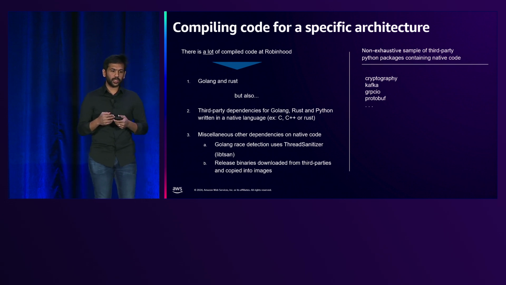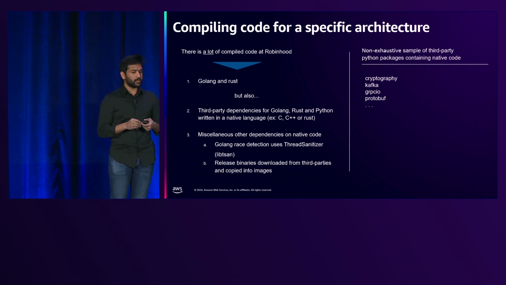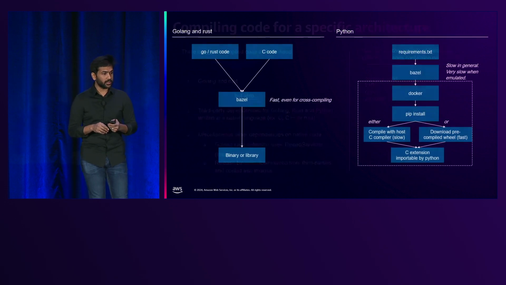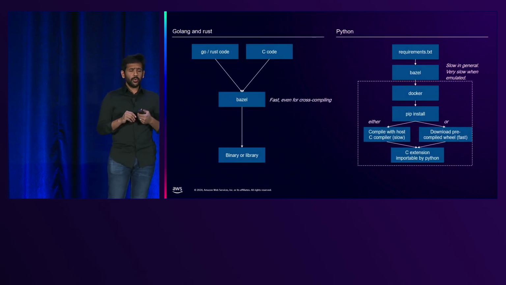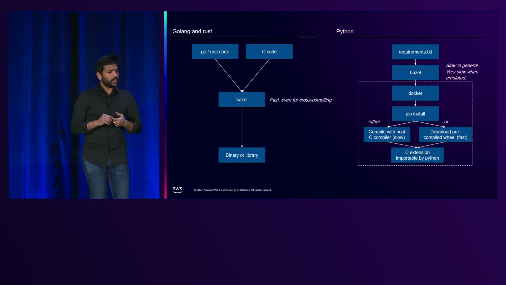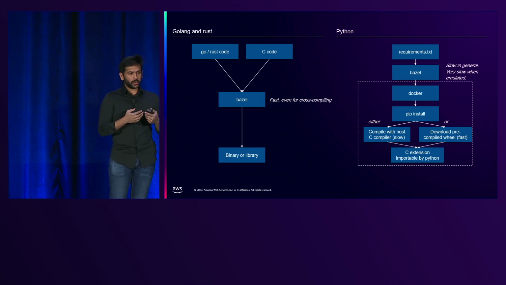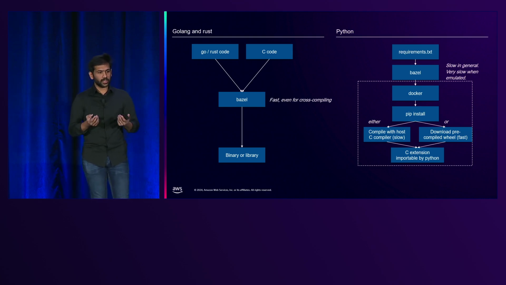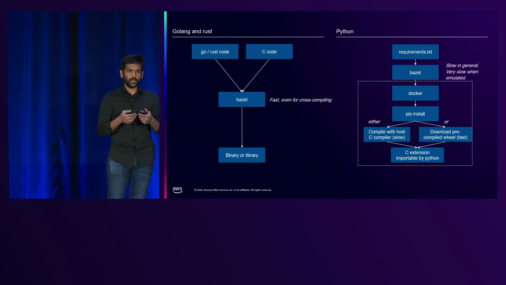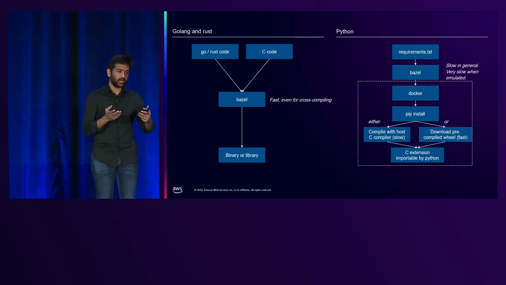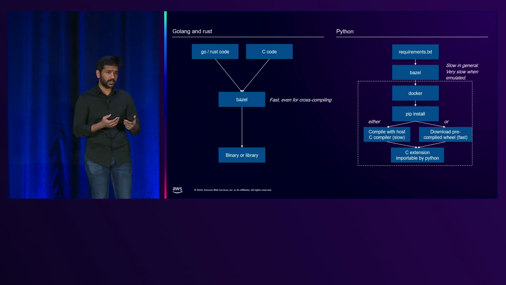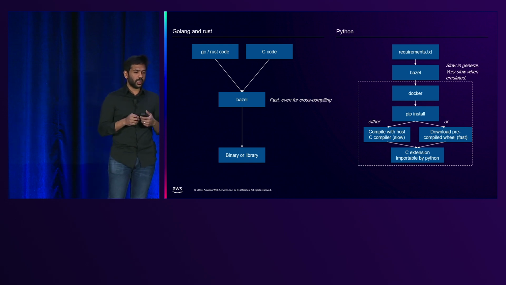So we have to make sure that all of these can compile and be executable on the ARM64 architecture. As you can see here, we use Bazel as the primary means. And for Golang, it was quite easy because Golang supports cross-compilation by default. So we did not have to do much to enable Golang services to run on Graviton.